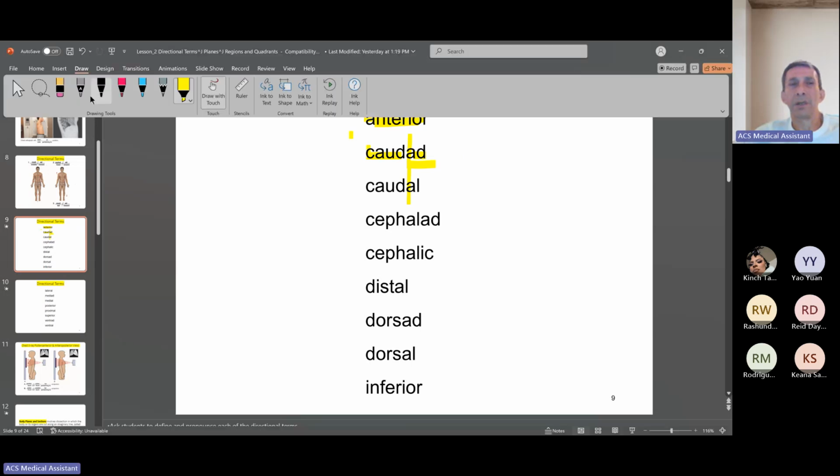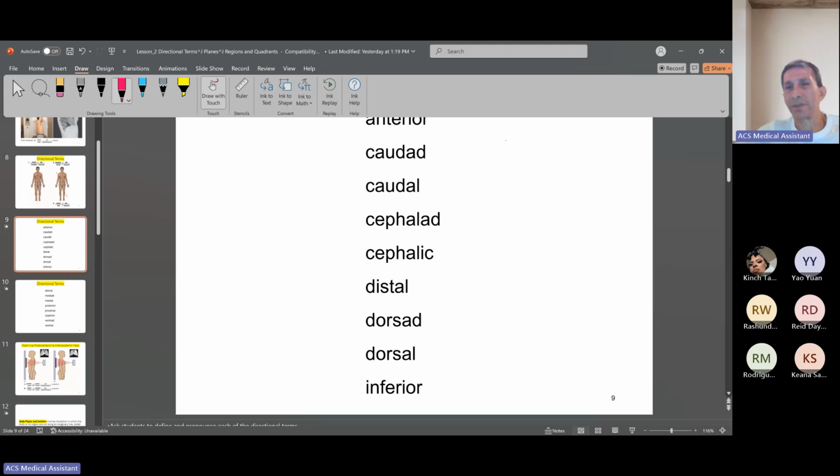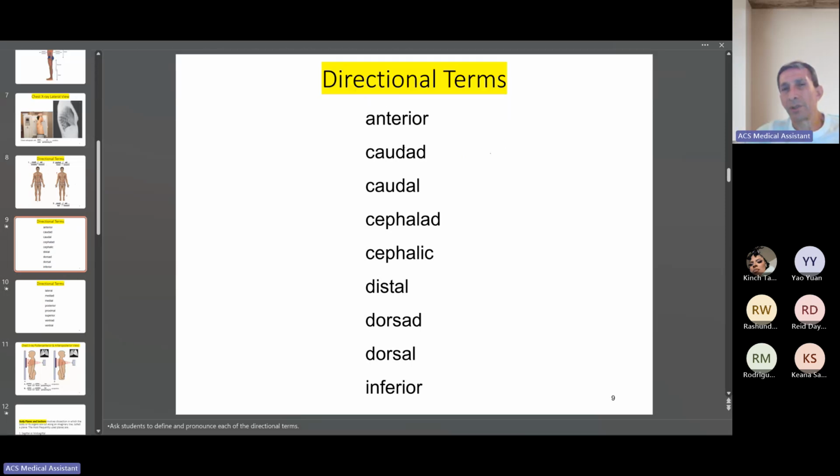So let me put it in a different way. I'm going to mark all the parts so we know that we are learning how to divide these terms. So let's talk about anterior. For anterior, we're going to use, remember, this is the suffix. We always need to mark them, and this is the word root.